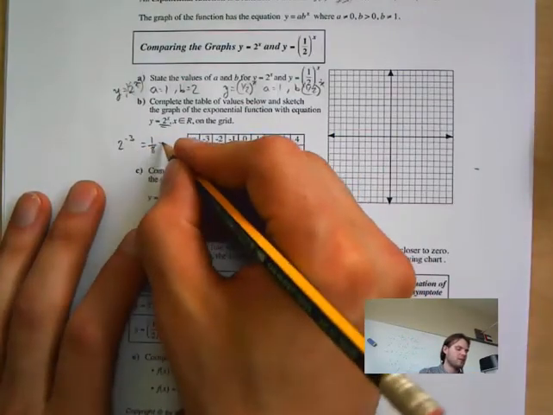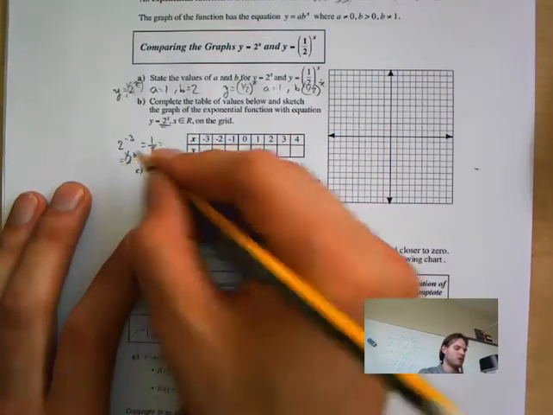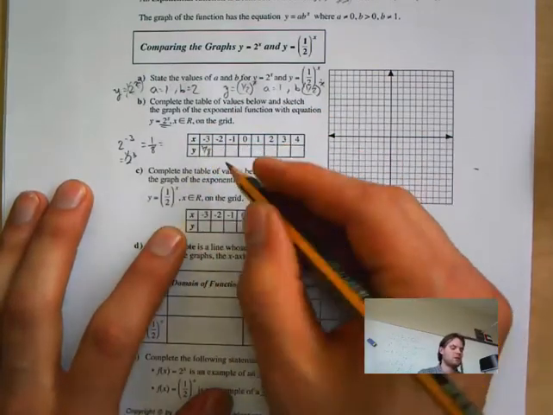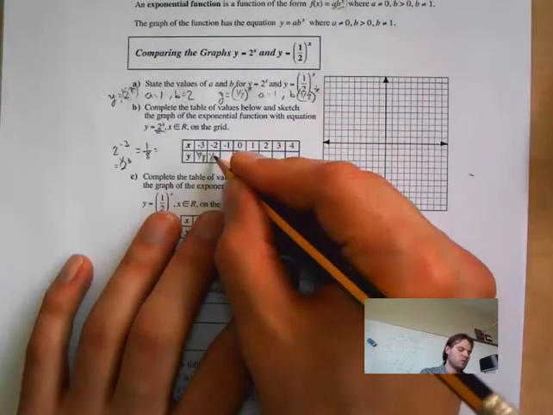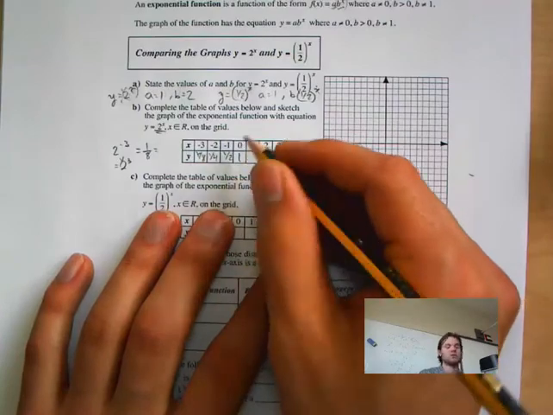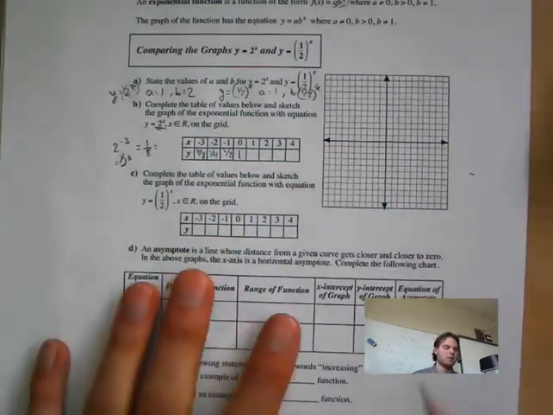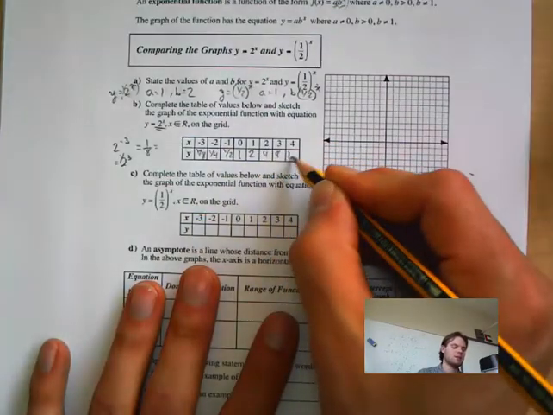Because this is the same thing as 1 over 2 to the 3, which is 1 over 8. So we're going to put in 1 over 8 here, right? Reciprocal rule from last lesson. This is the same as 1 over 4, and this is going to be 1 over 2, 1, because anything to the power of 0 is 1. Remember, and this is going to be 2, 4, 8, 16.